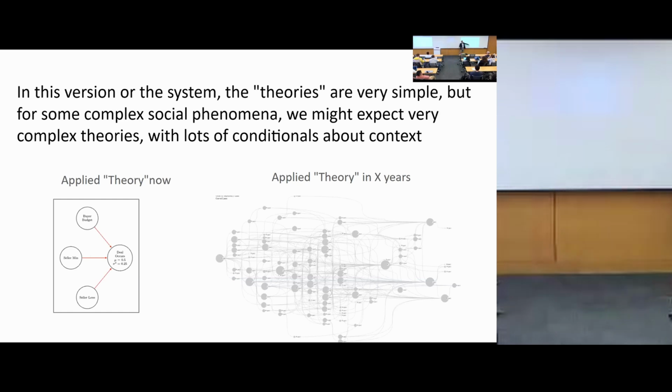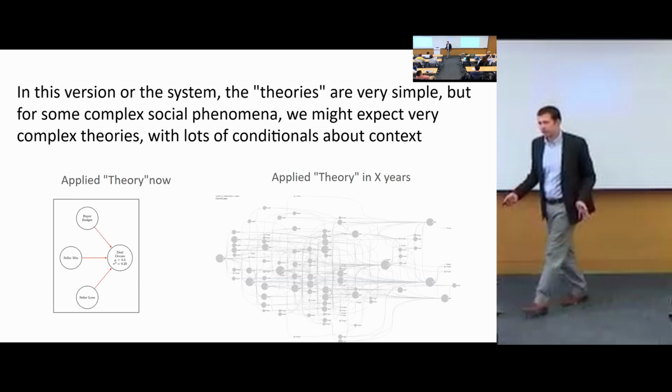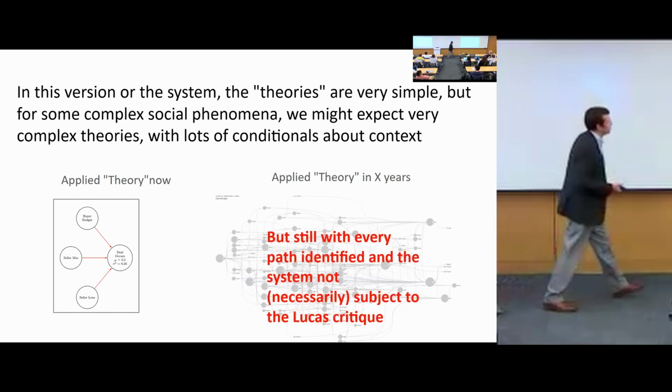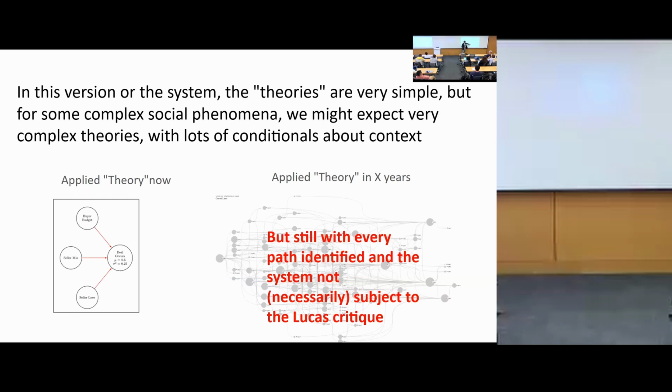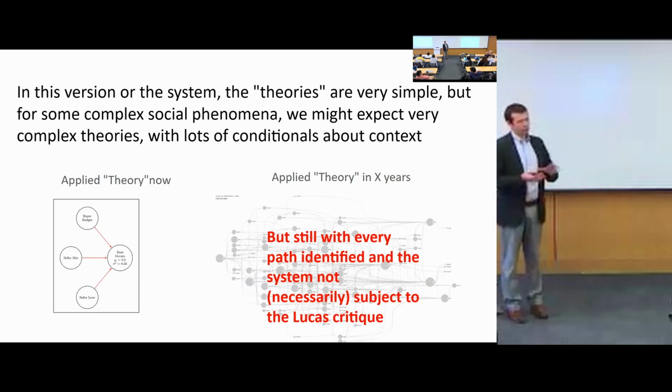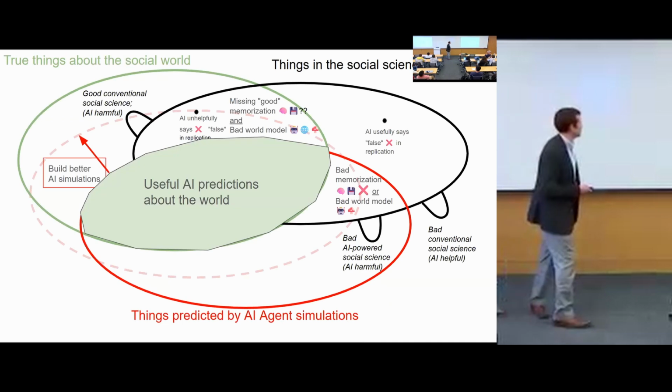My point is, you could imagine using this to generate theories capable of making predictions that would have some of the richness of the real world, but still with every path identified, and not subject to this Lucas critique. This is not just correlations; it would be estimated on the result of doing tons and tons of actual experimental simulations.